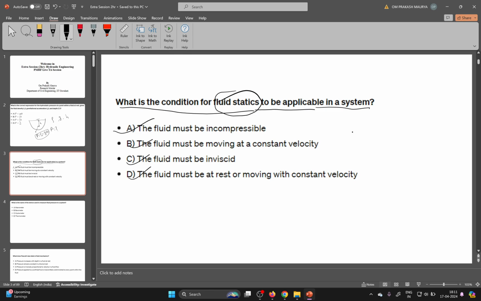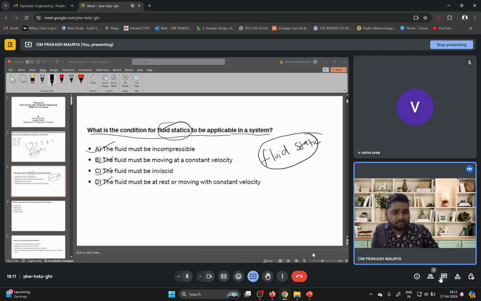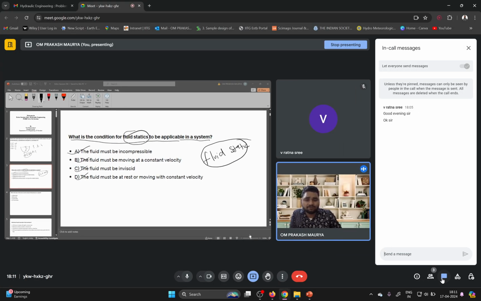What is the condition for fluid statics? If you know, you can reply in the chat box, just write A, B, C, D, or you can use your mic for the answer. No problem.